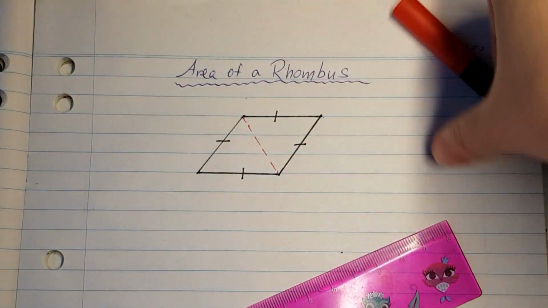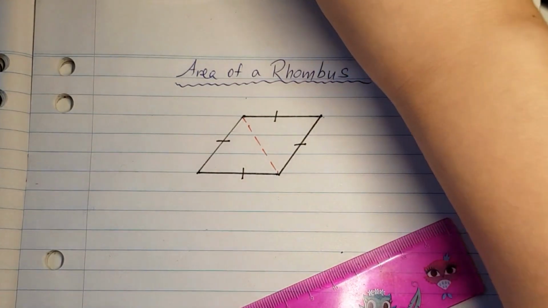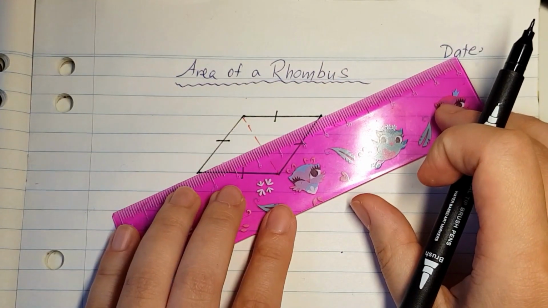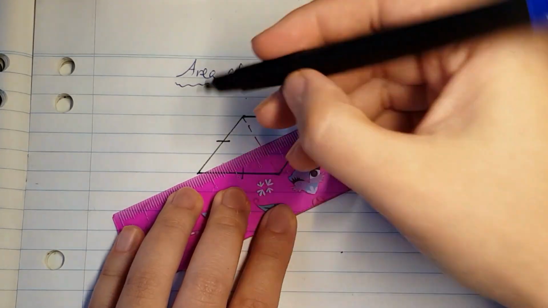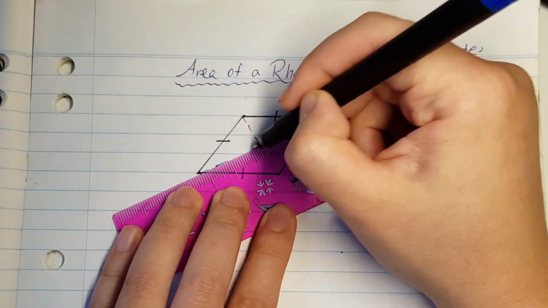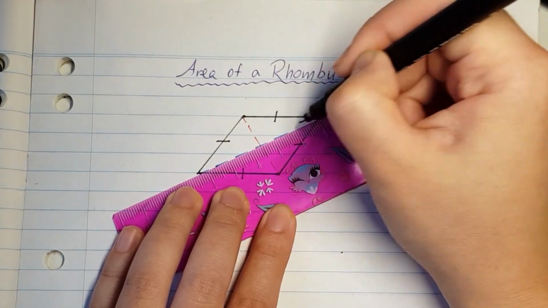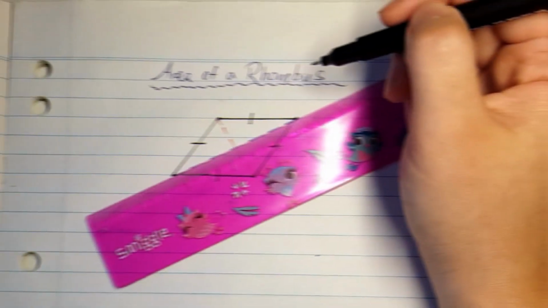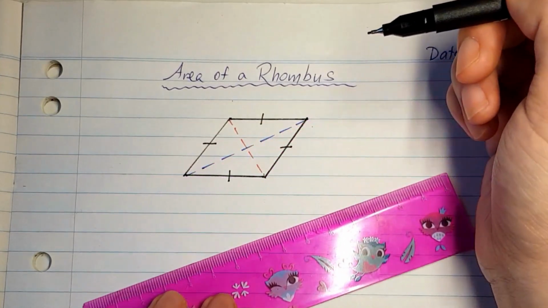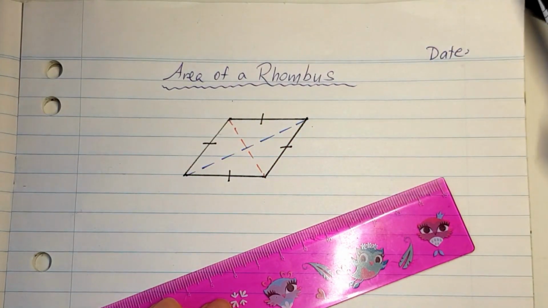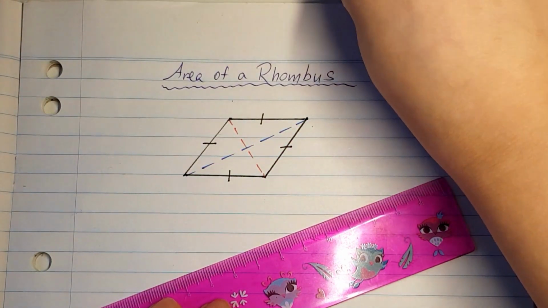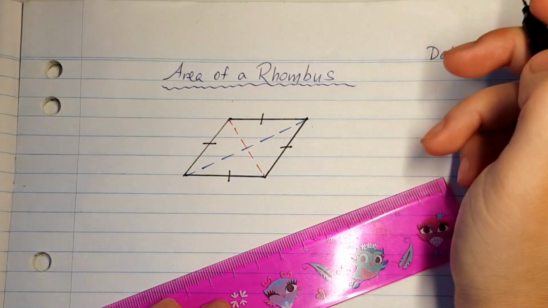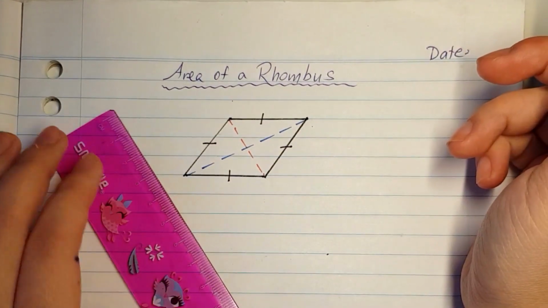And I'm going to switch color, and I will use blue. So these are my two diagonals, and I'm color coding so that I can make my diagram a little bit more clear.